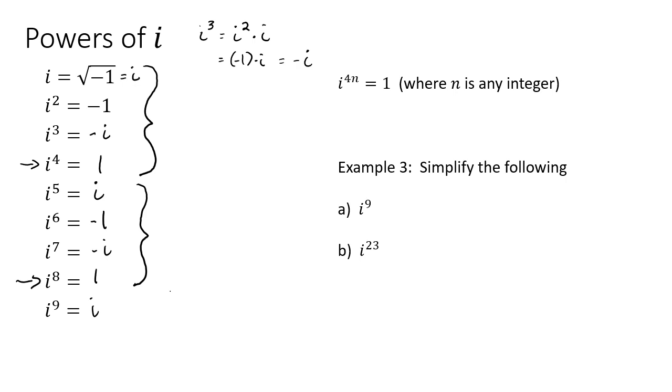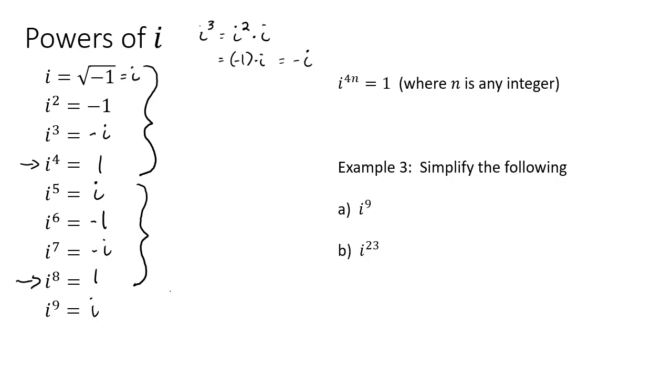So let's use that idea to create some higher powers of i without necessarily counting our way through the pattern all the way up to, say, 23, if we've got something like i to the 23rd. The trick is that you want to find the biggest multiple of 4 that doesn't pass the exponent that you're looking for. So I want the biggest multiple of 4 that is not bigger than 9, and you want to pull that many i's out of the expression.